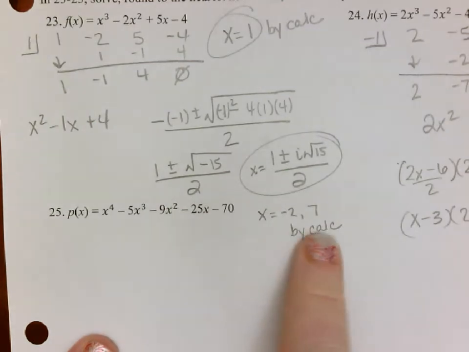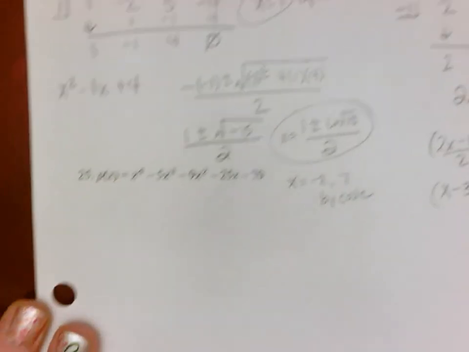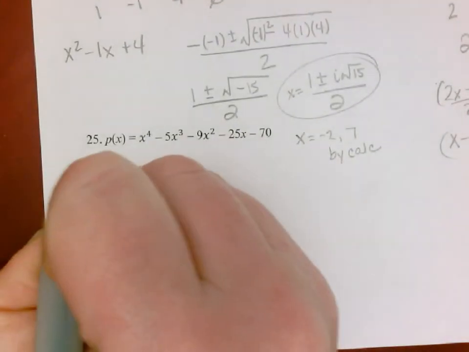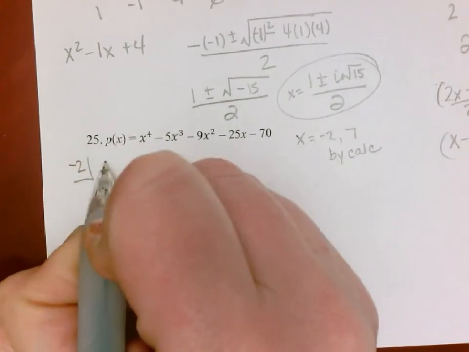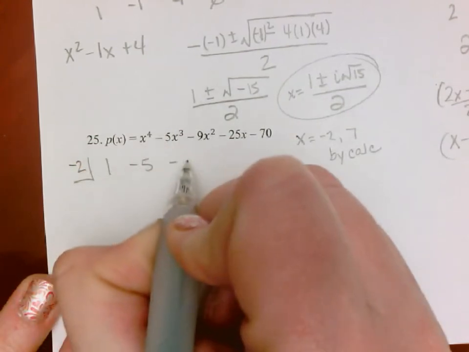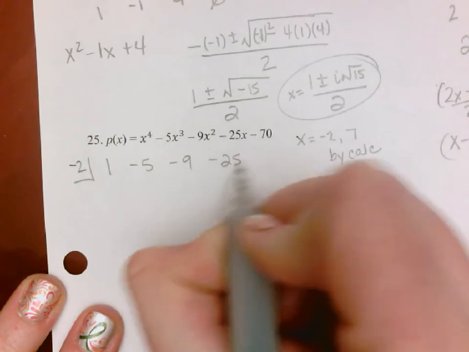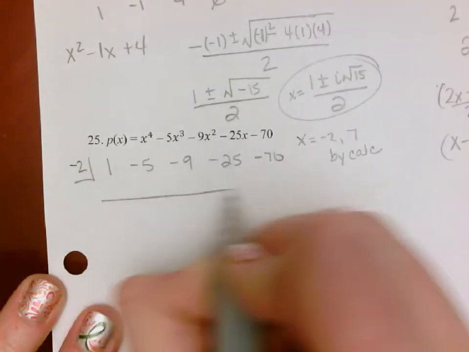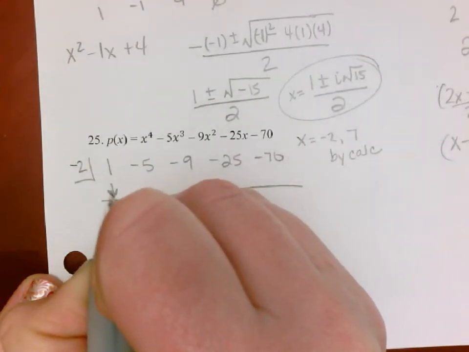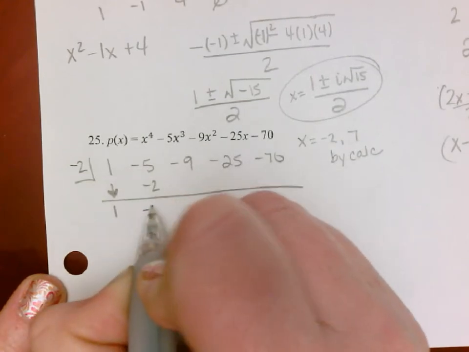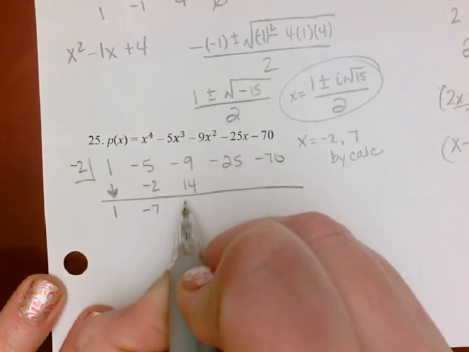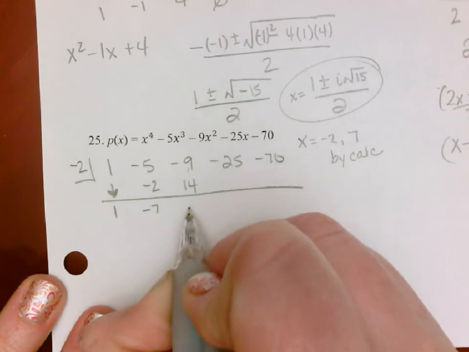But I have to divide by both of these to get to something I like. So I'm going to start with negative 2. So negative 2, this is a 1, negative 5, negative 9, negative 25, negative 70. Bring this down. 1, negative 2, negative 7, 14. That would be a 5.